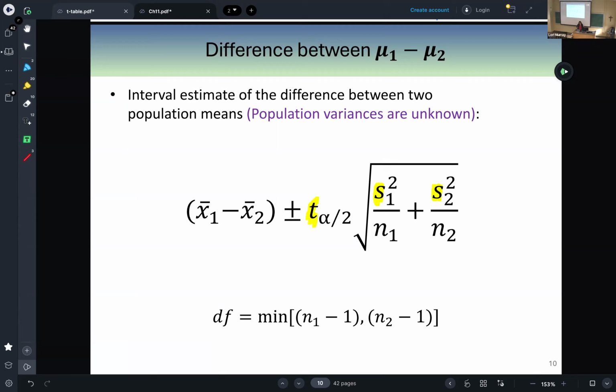So if you have a group of 10 and a group of 11, then the degrees of freedom would be 9. That's what you would use to get that T value, the critical value T.